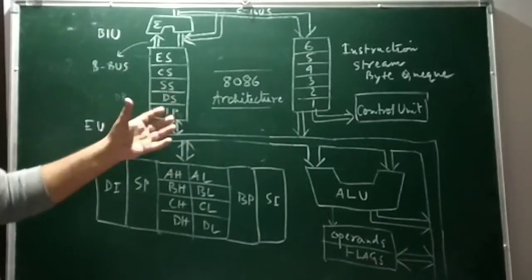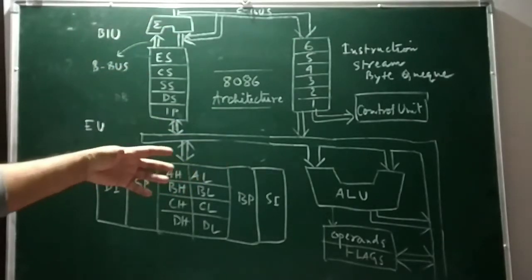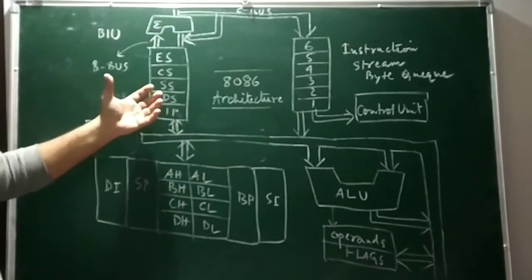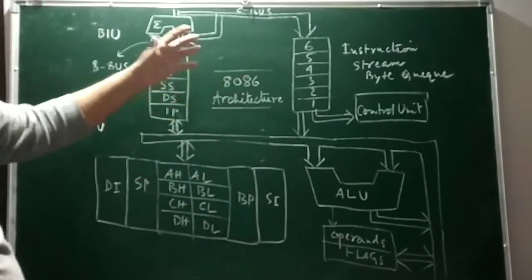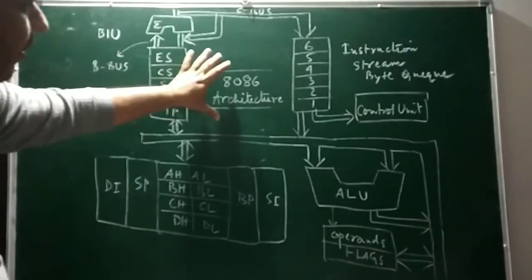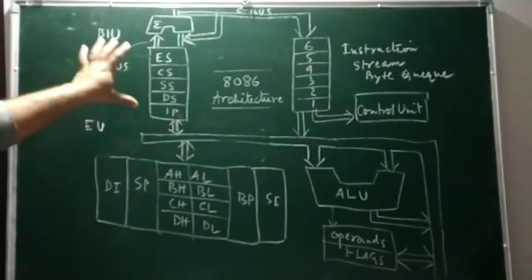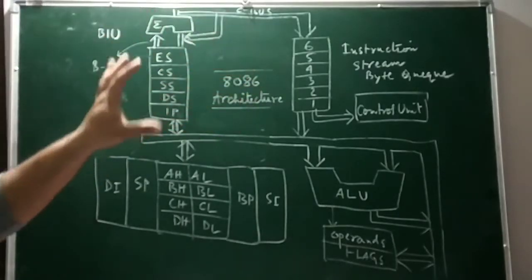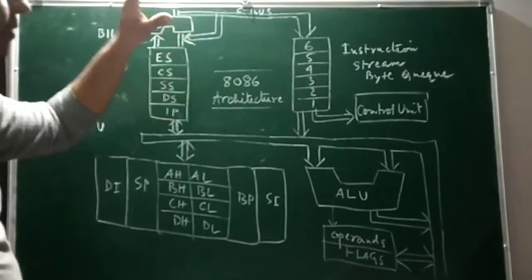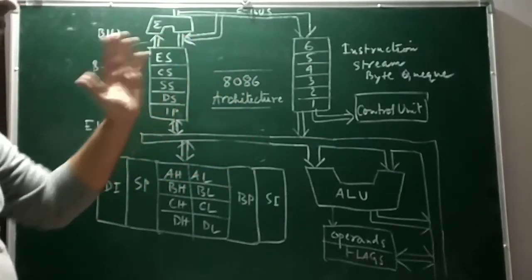But here different modifications are done with 8085 so that the speed of the microprocessor can be increased. Now in 8086 architecture we have designed our register pairs so that the speed of the microprocessor can be increased. This is our first condition.